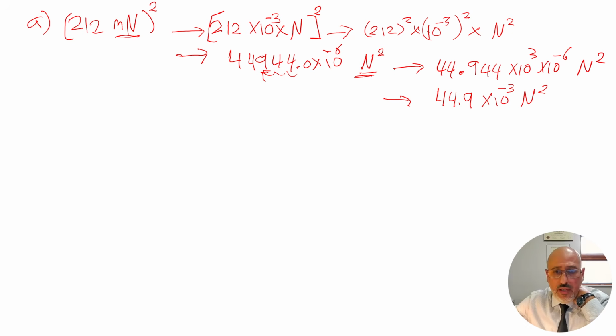Now here's the thing. This representation is the one that we are looking for, which is 44.9 multiplied by 10 to the minus 3 newton squared. Now, some of you will be thinking, well, we can write 44.9 milli-newton squared. That is not good. That's not a good representation.